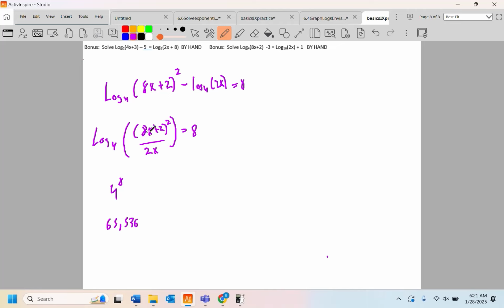So base, argument, exponent, 4 to the 8th equals this ugly, ugly thing, 8x plus 2 quantity squared, which I'm going to have to go ahead and take care of. 64x squared plus 16x plus 4, sitting pretty over twice x.